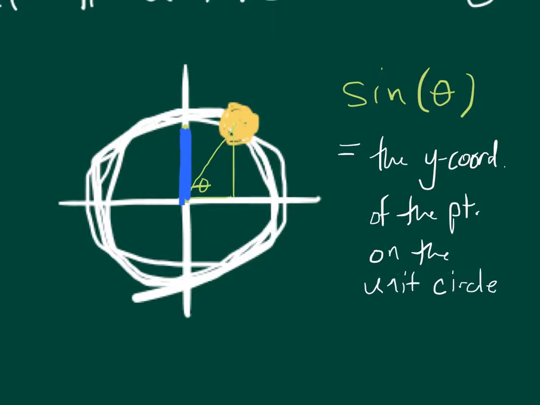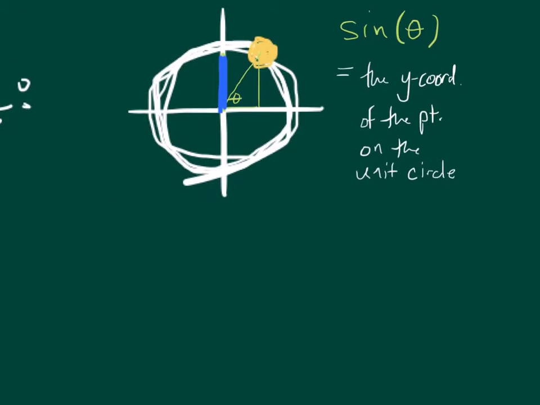So for example, how do I figure out what sine of pi over 2 is? Do you remember what degrees pi over 2 was? If pi is 180, then pi over 2 is 90 degrees.